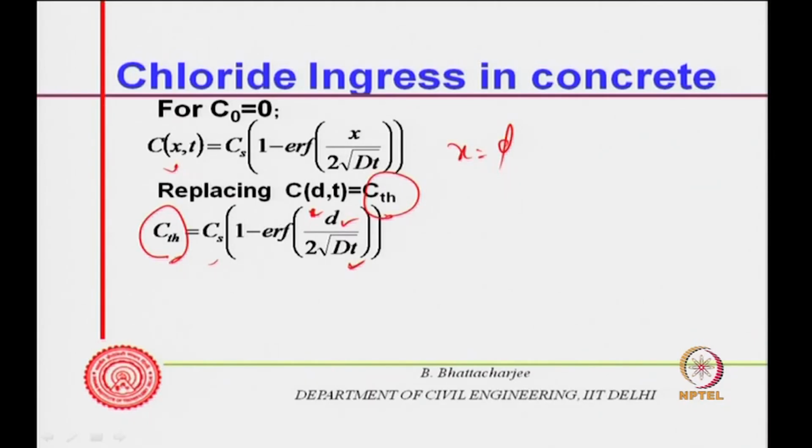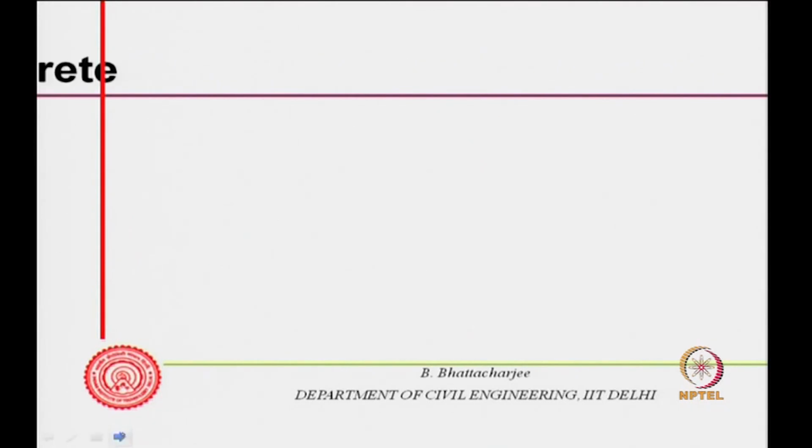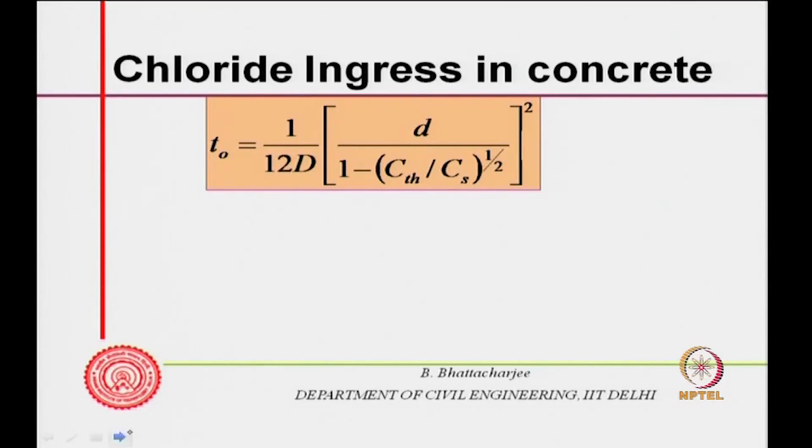Then when the chloride level at the rebar level, at d which is the cover depth, has reached the threshold. And one can actually approximate the formula by a parabolic function like this error function, and you can get an expression for service life like this, right.